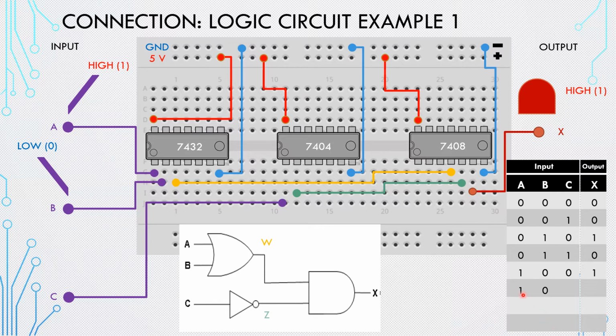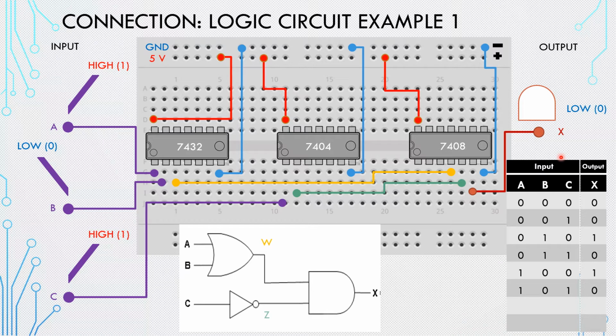Make this 1, 0, 1. The output will be 0 if you do this operation. If you make this 1 and the second one 1, the third one is 0, then this is what we got in practice.